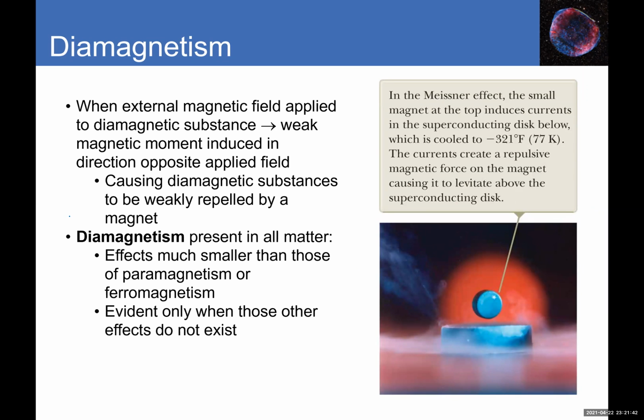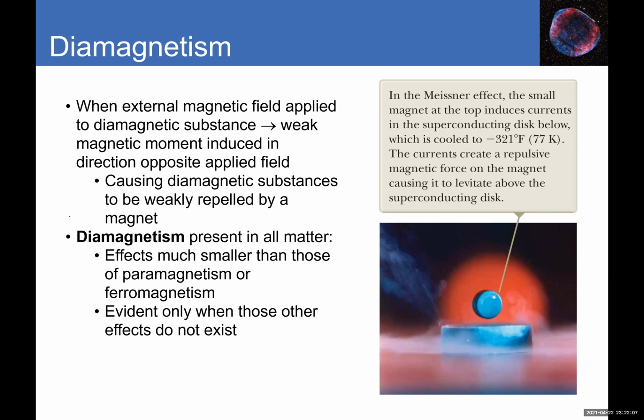This is when an external magnetic field is applied to a diamagnetic substance. They have a weak magnetic moment induced in a direction opposite to the applied field. This causes diamagnetic substances to be weakly repelled by a magnet. Okay. Now, this diamagnetism is present in all matter, and its effects are much smaller than those of paramagnetism or ferromagnetism.